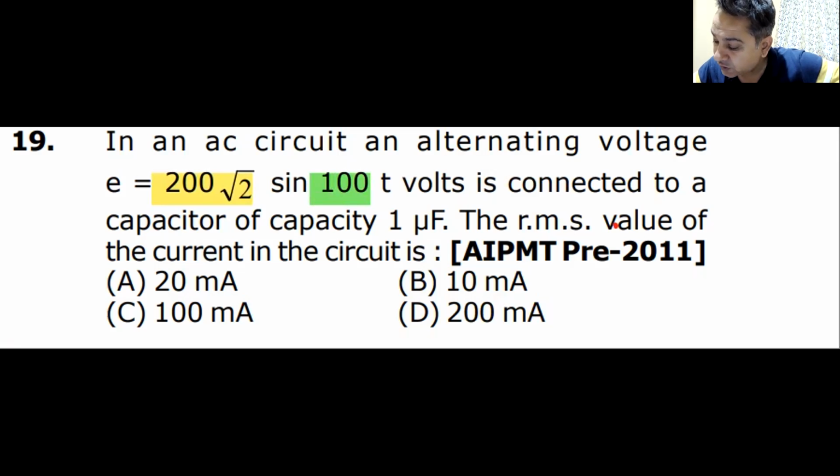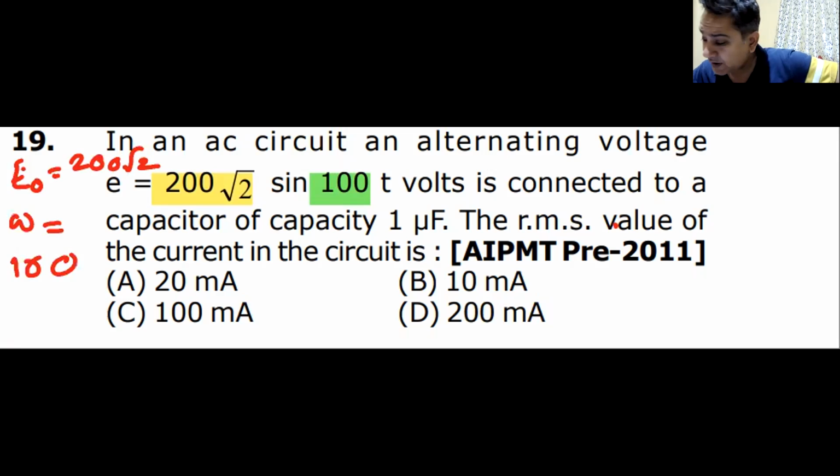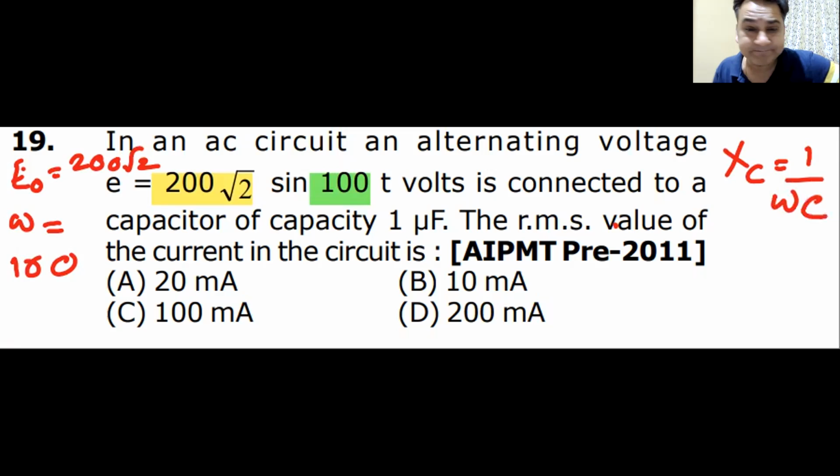So I have E naught as 200 root 2 and omega as 100. I have to find the value of RMS current. So first I will find XC. XC is 1 by omega C. All of us know this. I can calculate the value of XC.